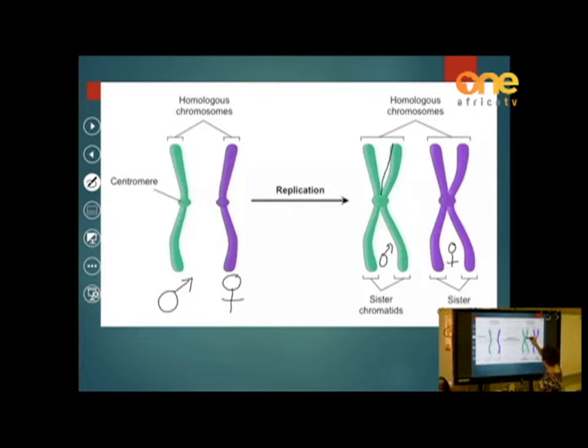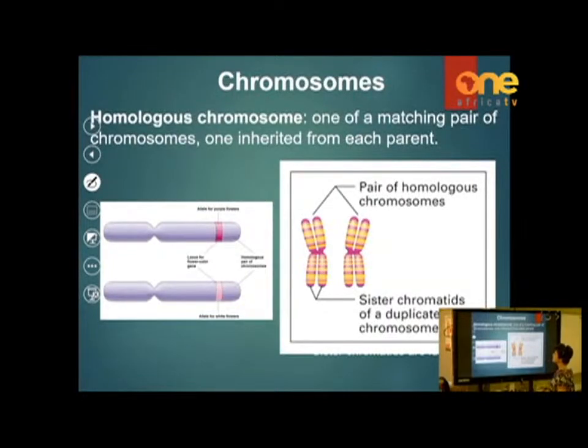Now I call this part a sister chromatid, and of course the centromere will keep the two parts, the chromatids, together. So when I am looking at a homologous chromosome, one of a matching pair of chromosomes, one inherited from each parent. So this is a chromosome.